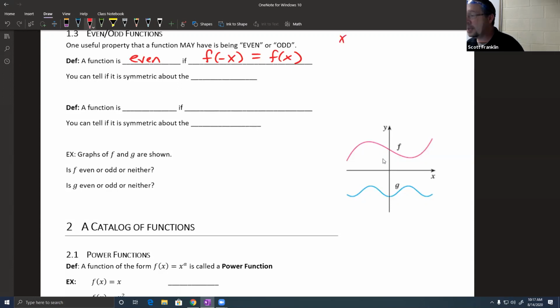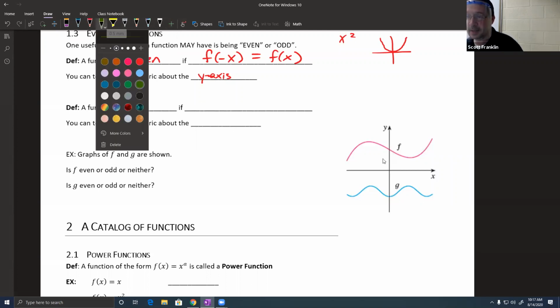An easy example of an even function, and kind of see where the name comes from, is x squared. If you graph a parabola, notice that it's symmetric about the y-axis. Y-axis. Meaning that if I have a number, say, I don't like the size of this pen, I need to shrink it down a little bit.